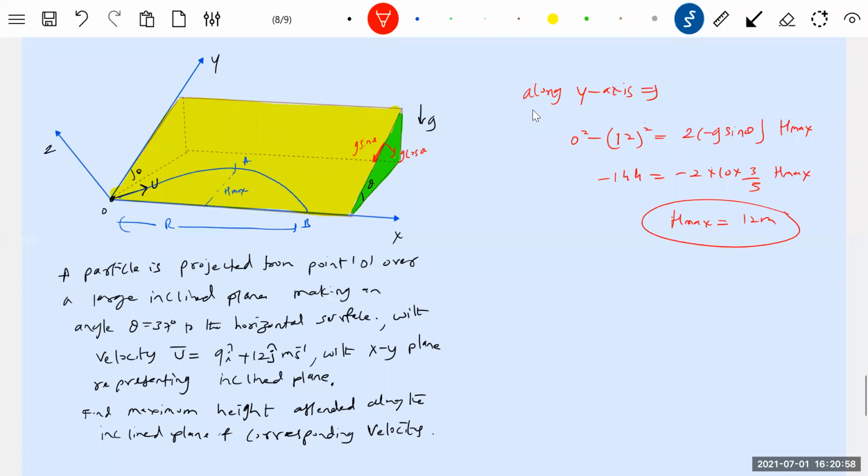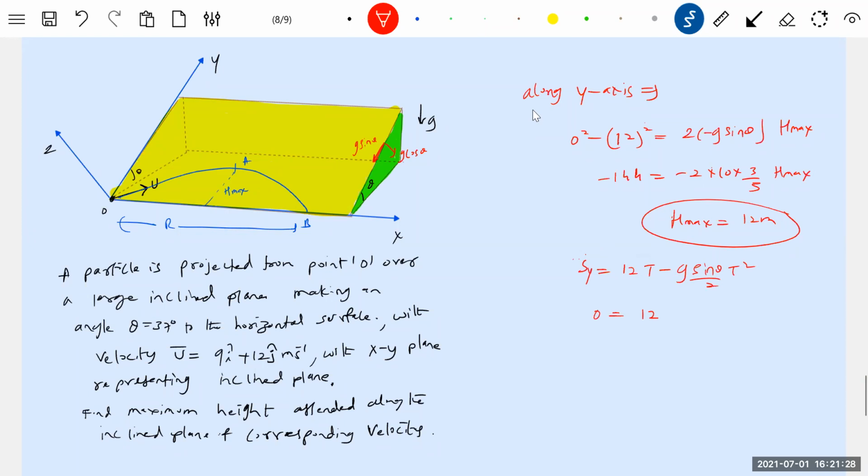Okay, what about the range? For that, we need time, no? Time taken to move from O to B. How to calculate that? Along the y-axis only, I'll proceed further. Displacement along y, Sy, should be equal to 12t minus g sin theta by 2 times t squared.